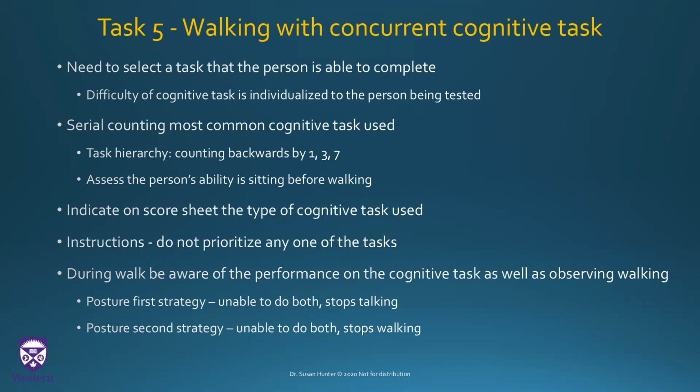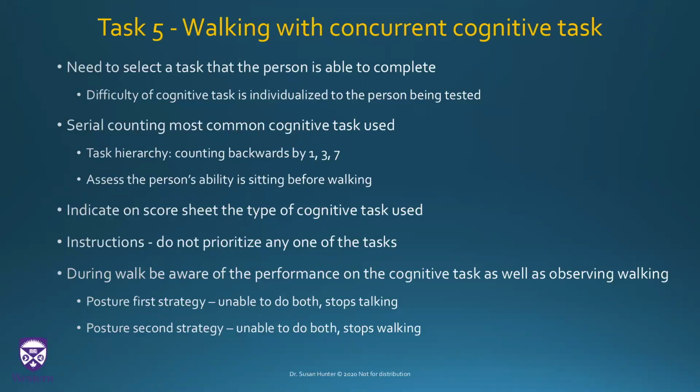Yes, 7 is hard, it's complex even for people who are cognitively normal, but I've done research projects where I've had people with a newly diagnosed dementia, again, more on the mild side of things, who are able to do serial subtractions by 7s.